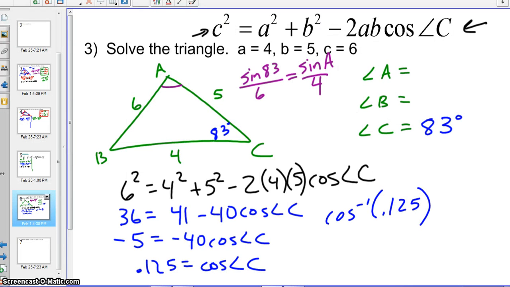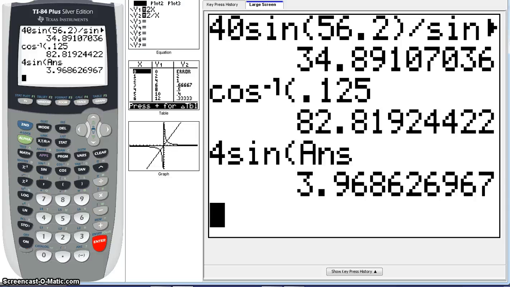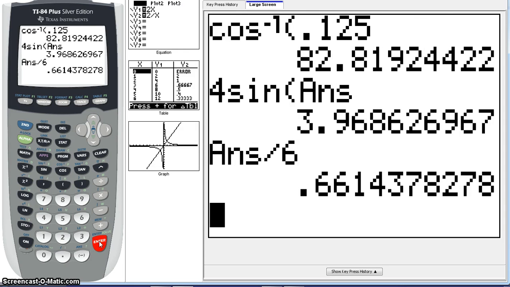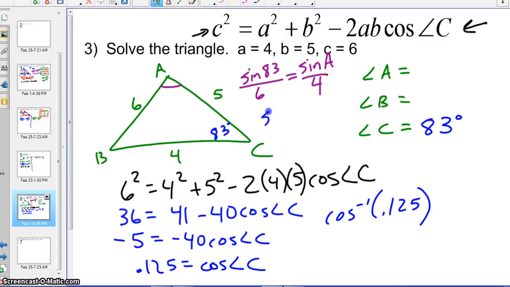And then we want to divide that by 6. Remember, that's what the sine of angle A equals. So our sine of angle A is equal to 0.66, etc.